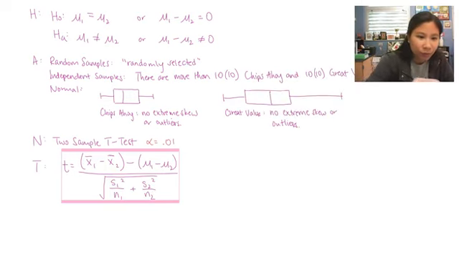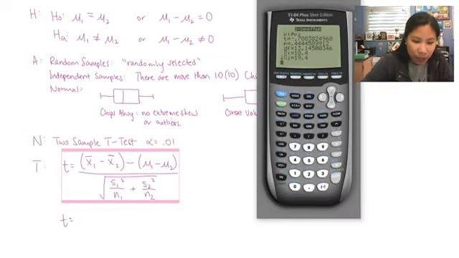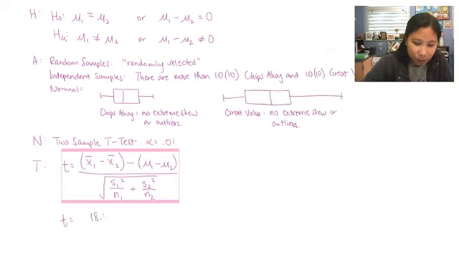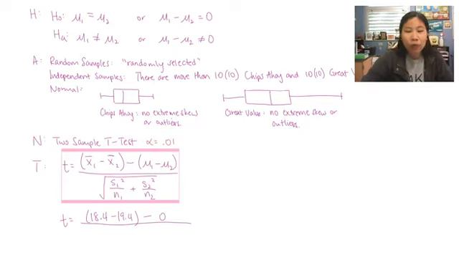So I'm just going to write out t equals, and the calculator told me 18.4 was my x1 bar, and 19.4 was my x2 bar. So those get subtracted. And then our mu1 minus mu2 should be 0 over.